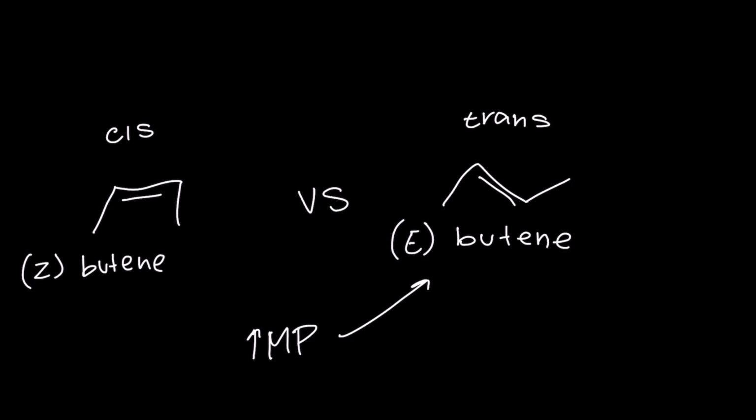Versus cis, because of these substituents that are on the same side of the double bond here, they don't like being in that position. It's too much sterics, or in other words, too much strain. The hydrogens here on this carbon, the hydrogens here on this carbon, they're going to want to repel. So this is a more favorable configuration, and that's why it would have a greater melting point.